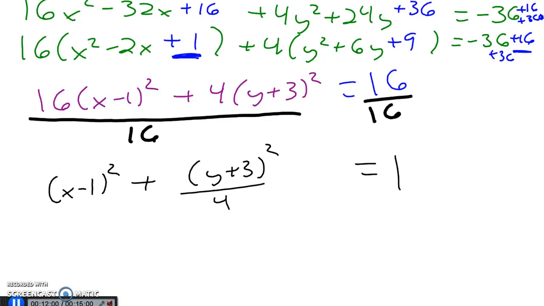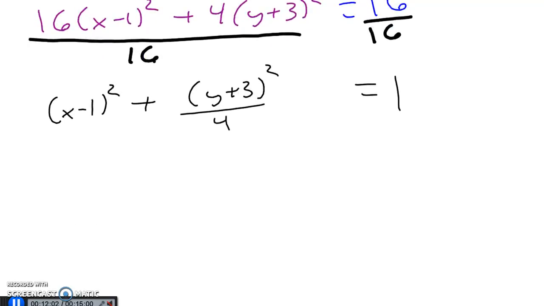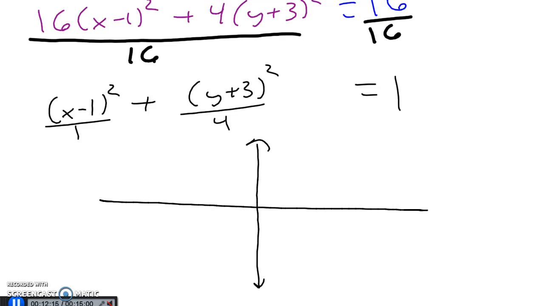And now we're in a position to go ahead and start graphing this. And when we do so, this is over 1 being squared. So we have an x radius of 1 and a y radius of 2, while our center is at 1, negative 3. We have an x radius of 1.